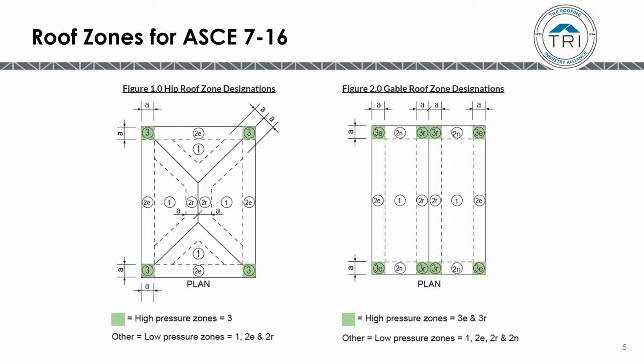In a hip roof, Figure 1, the low pressure zones are everything on that roof other than Zone 3. The high pressure zone is Zone 3, just the corners. On a gable roof, the high pressure zones are 3E and 3R, and the low pressure zones are 1, 2E, 2R, and 2N.